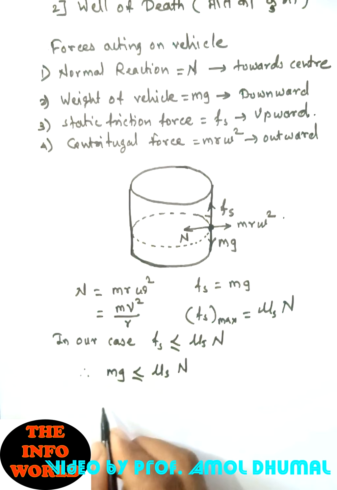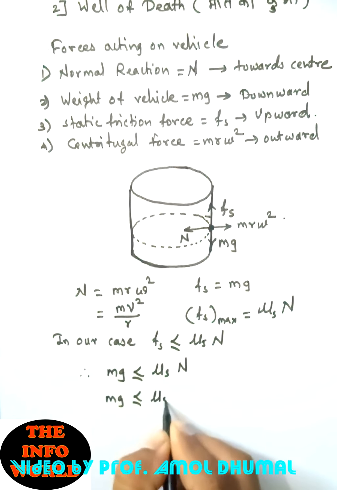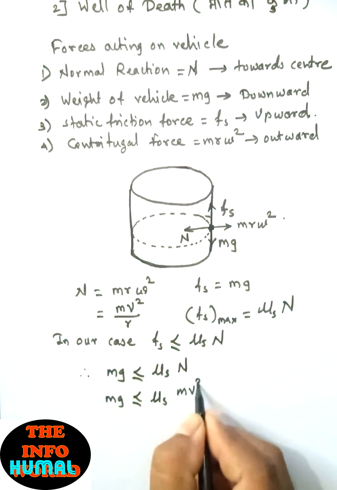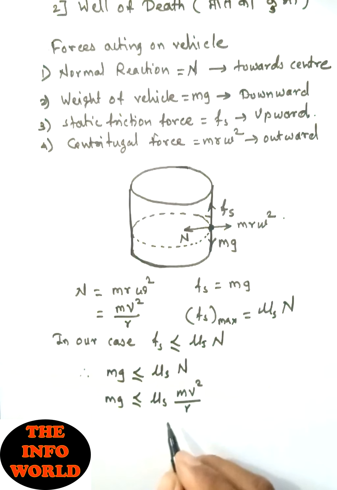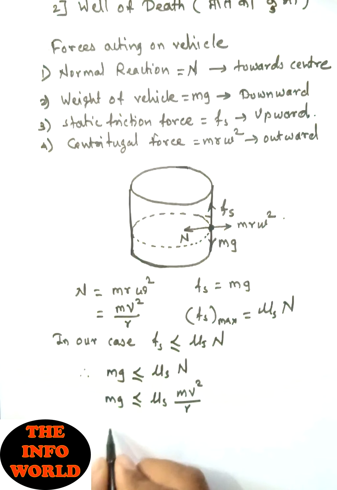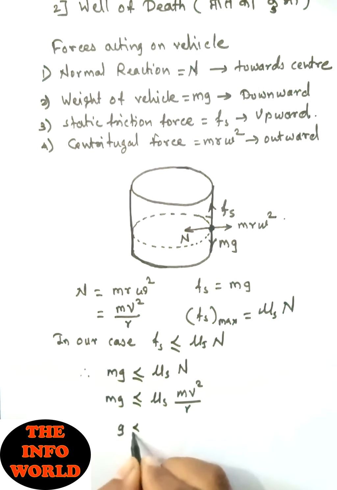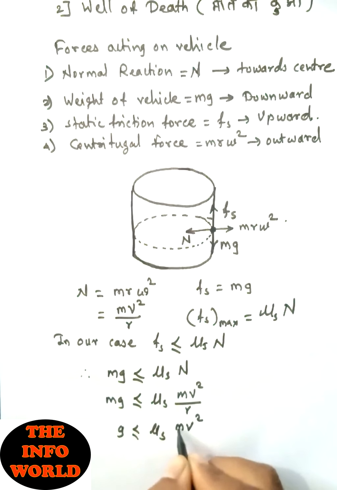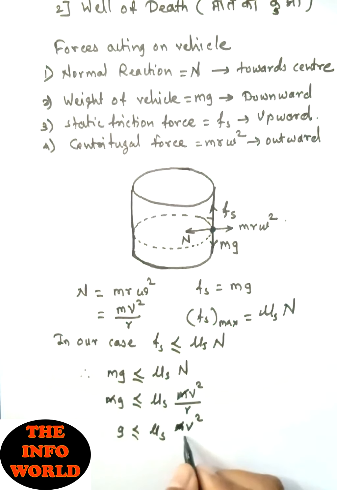So we have the value for n, this is the value of n: mv square upon r. So we get g less than or equal to mu s, m gets cancelled, v square upon r.